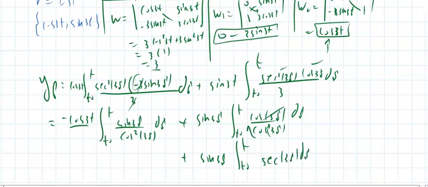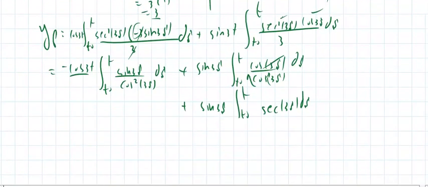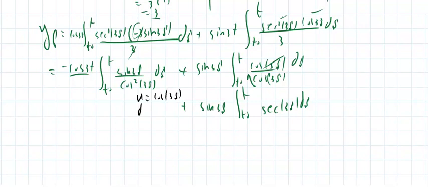This piece we could get quickly. The second piece we gotta work on just a bit. If I let u equal the cosine of 3s, du will be negative 3 the sine of 3s ds. So this will be negative cosine of 3t. When I replace those, that's the integral from t naught to t.